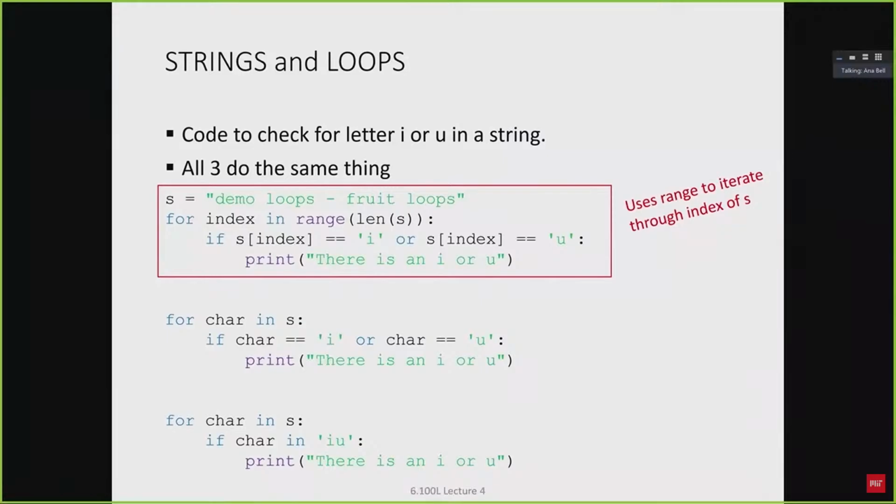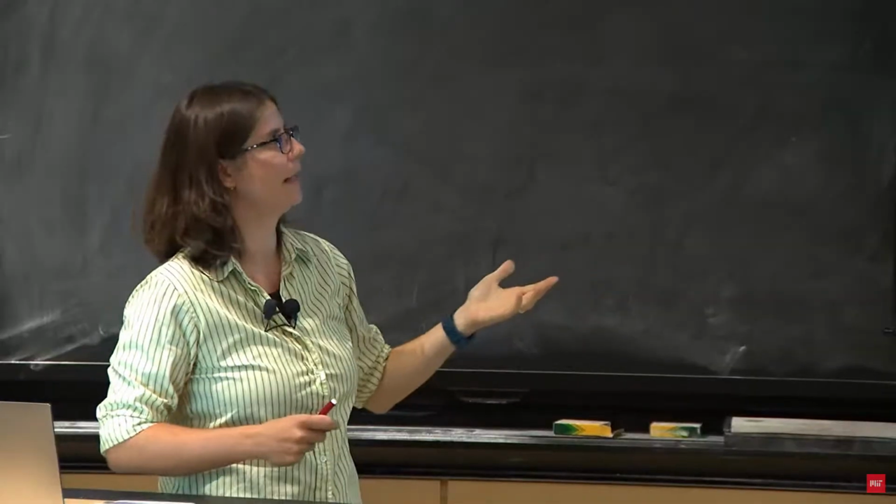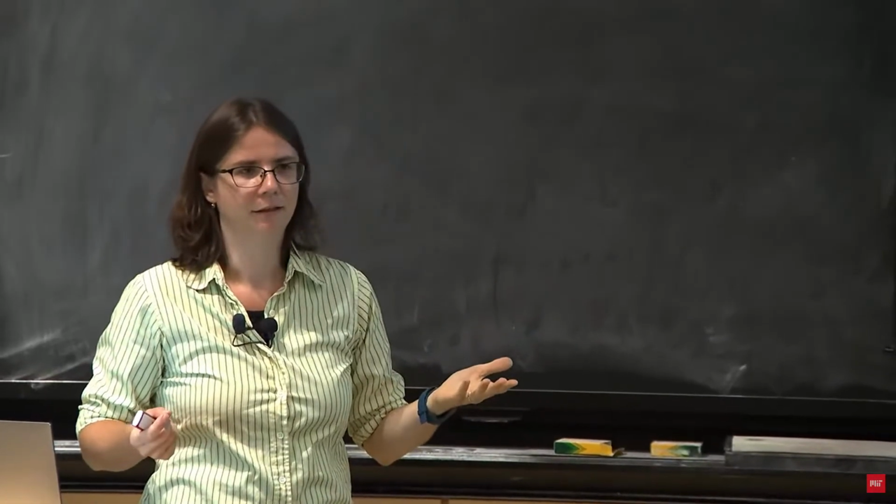But this code can actually be written a lot simpler. Notice it took me a little while to explain it, and at first glance, it would take you a little bit of time to figure out what it's doing. That's because we're relying on the index as kind of a middleman, right?